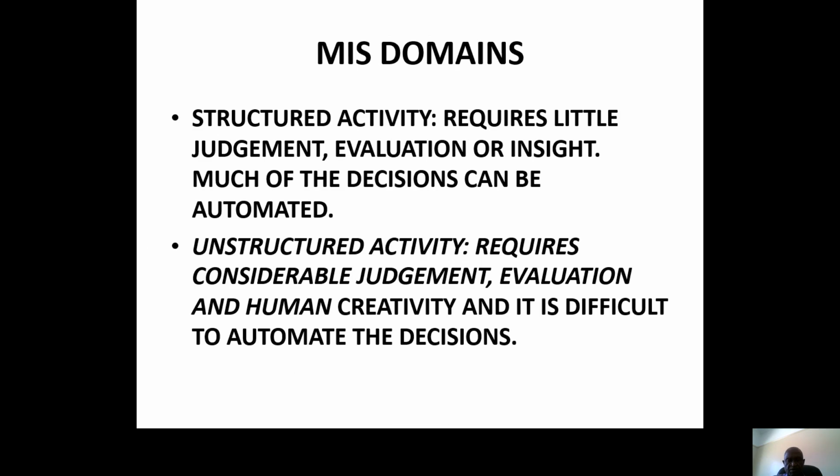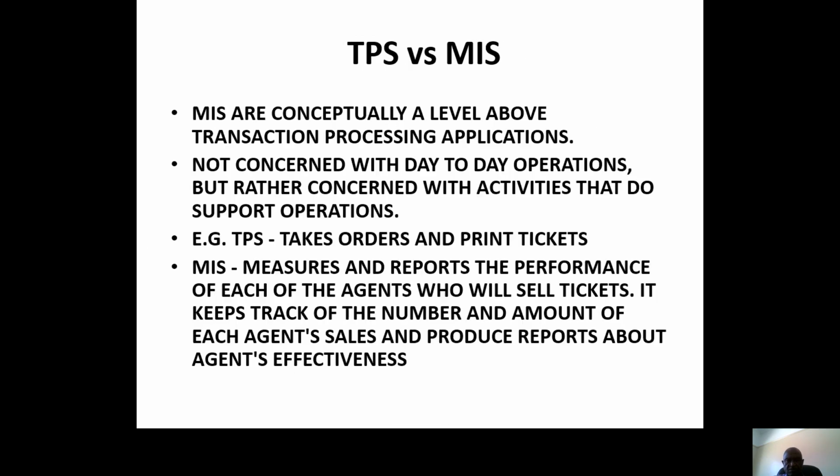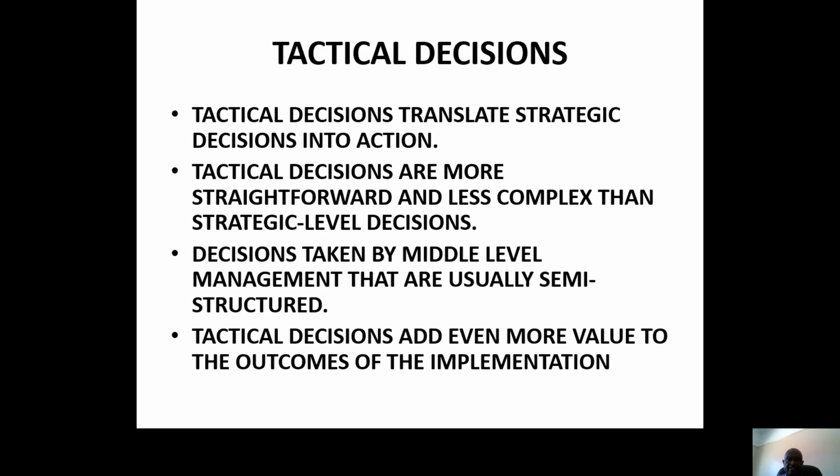So I know you must be in a position to know this. The difference, of course, we have already explained. Just read and understand this. All right. Tactical decisions, these are for the MIS. What are the tactical decisions? They translate strategic decisions into control.